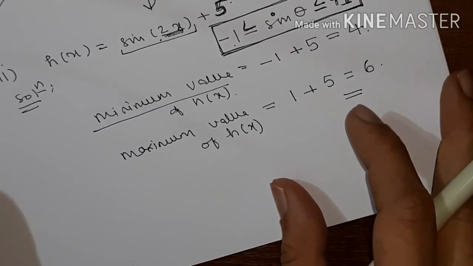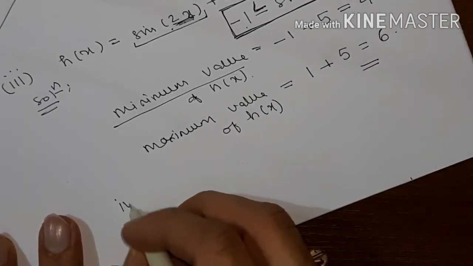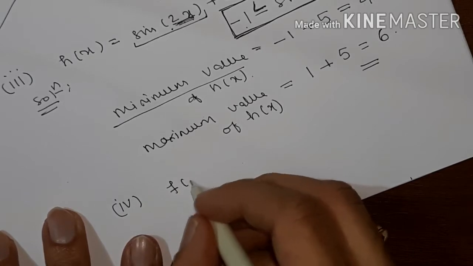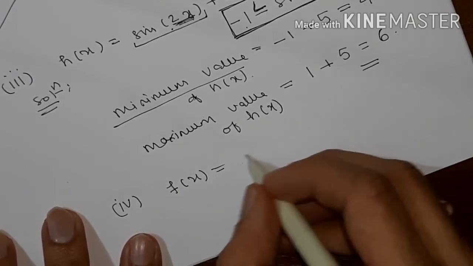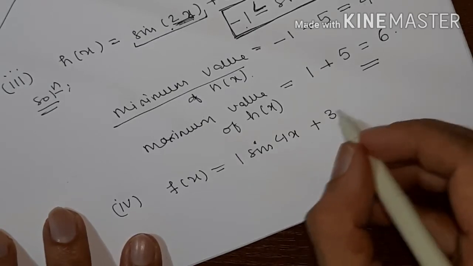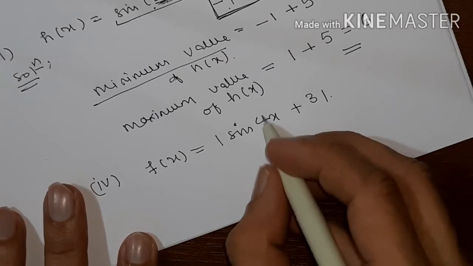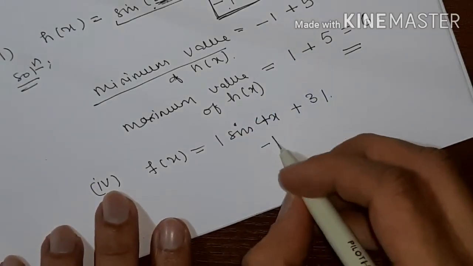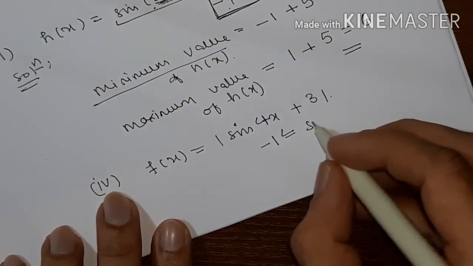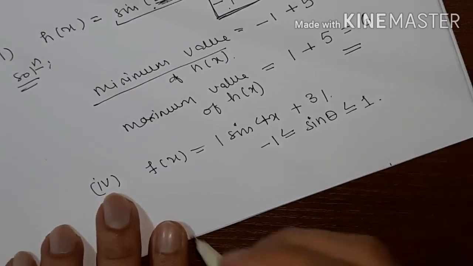Okay, now let us move on to the fourth one. So you have f of x equal to modulus of sine 4x plus 3. Again you have to use the same concept, that is -1 is less than or equal to sine theta less than or equal to 1.